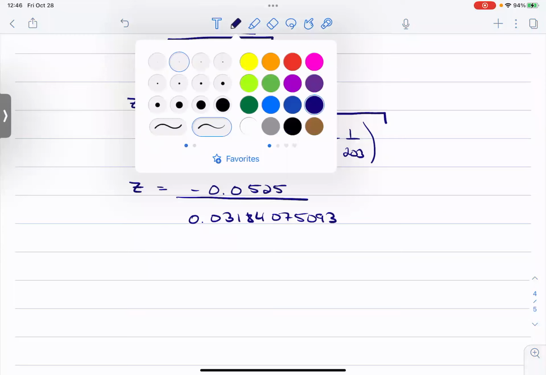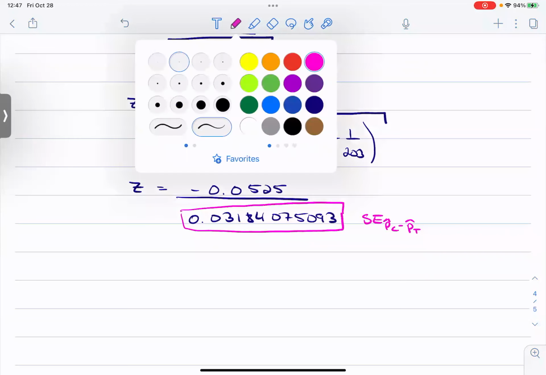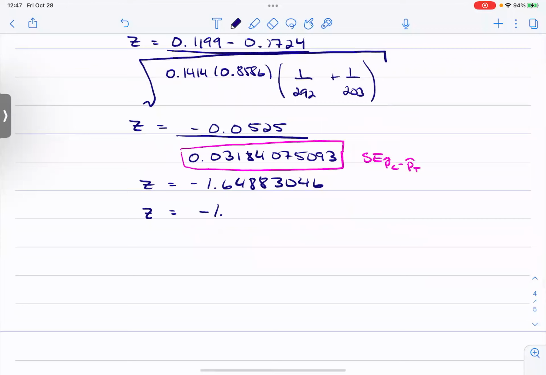I wrote that out because this is the standard error of P hat C minus P hat T. You're not going to need that, but in case you ever did, it might be nice to pause and write it out before you finish the question. So then I get a Z of negative 1.64883046. We round Z to 2 decimal places, so I get negative 1.65.